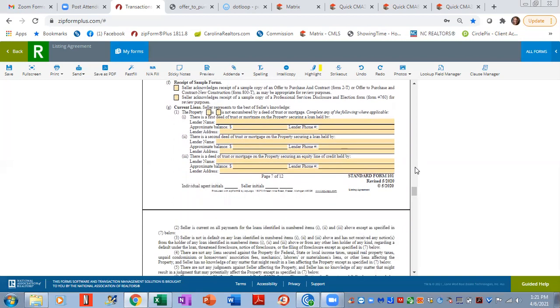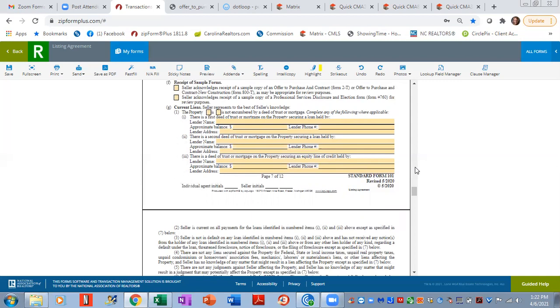Are there any current liens? Now, I ask this question, and I do not get into how much people owe. We will have that discussion if they're trying to just break even. They may give me details: I have to list it at this price because I've got to pay the loan, and I've got to pay you, and I've got other things that need to come out of it.